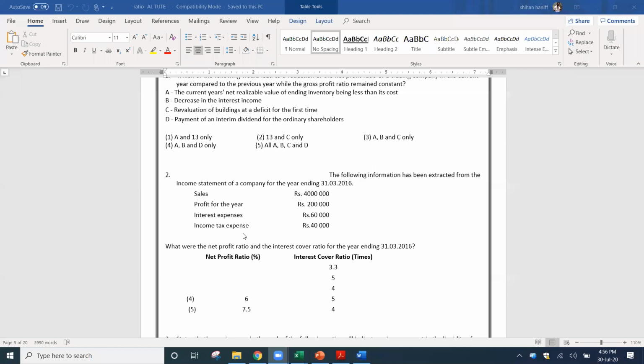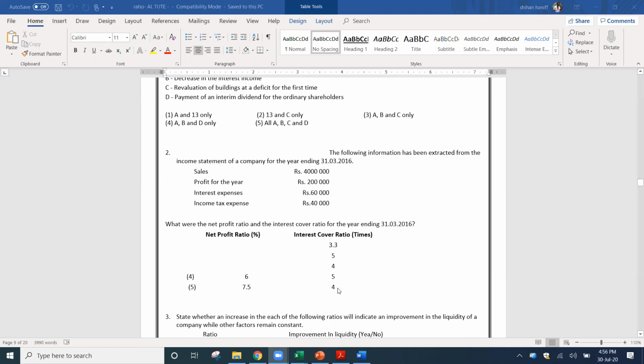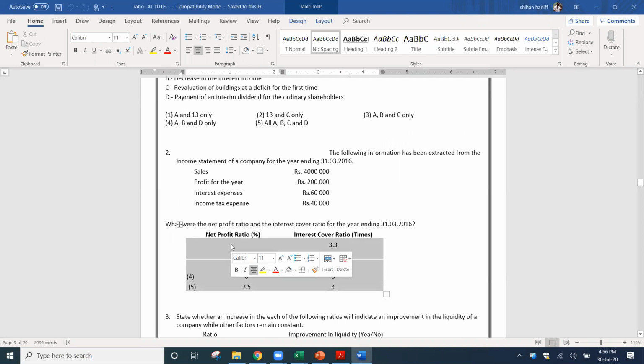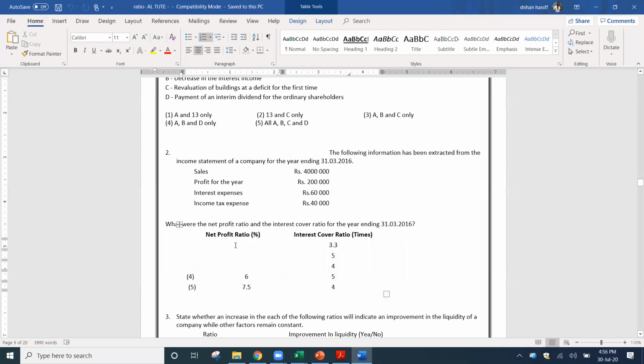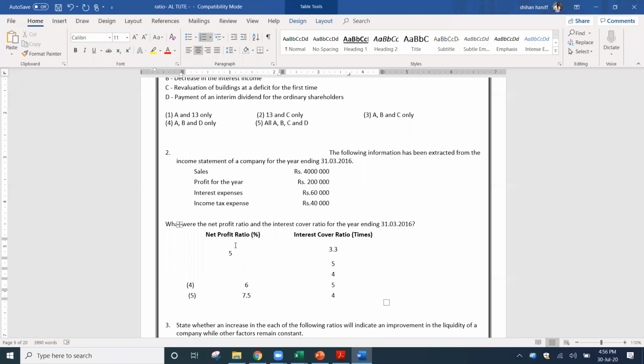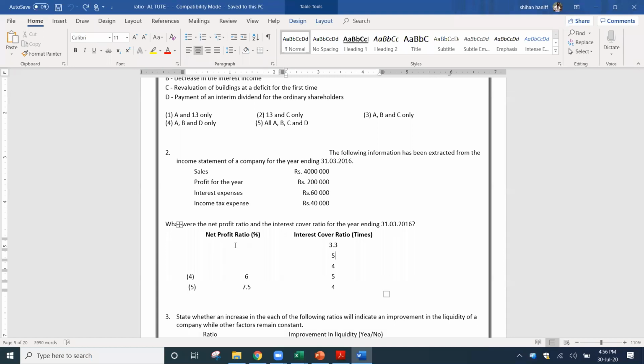Calculate the net profit ratio and the interest cover ratio for the year ending 31st March 2016. Just calculate and tell me the answer. What is the net profit ratio and what is the interest cover ratio?